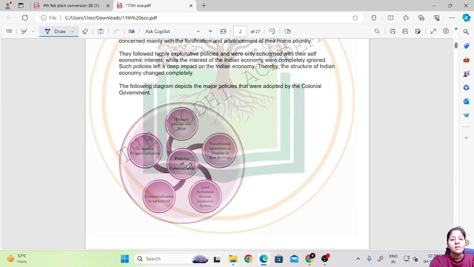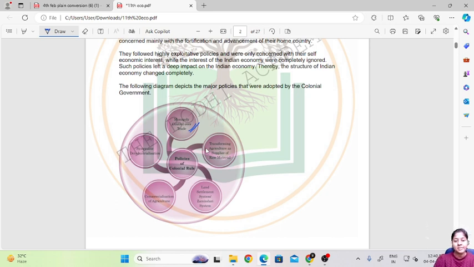Now, the following diagram depicts the major policies that were adopted by the colonial government. Which are the policies of colonial rule? First one is the monopoly control over trade. Then transforming agriculture as supplier of raw material. Then systematic deindustrialization. Then commercialization of agriculture.